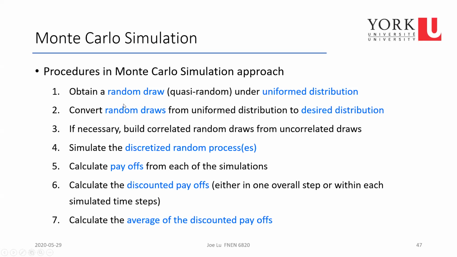Now, because you're generating the paths based on the distribution that you have created, this average is based on the probability measures that you have created. If in your path the asset is growing at the risk-free rate, then you have generated distributions that are under risk neutral.